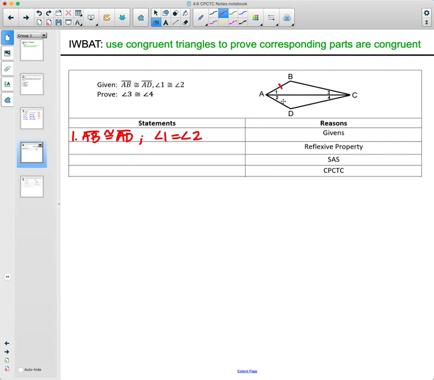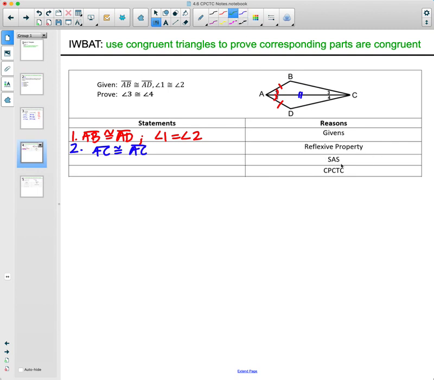Then the next reason says we're using the reflexive property. Looking at the picture, the middle segment shared by both triangles is segment AC. So we write AC is congruent to AC, by the reflexive property.